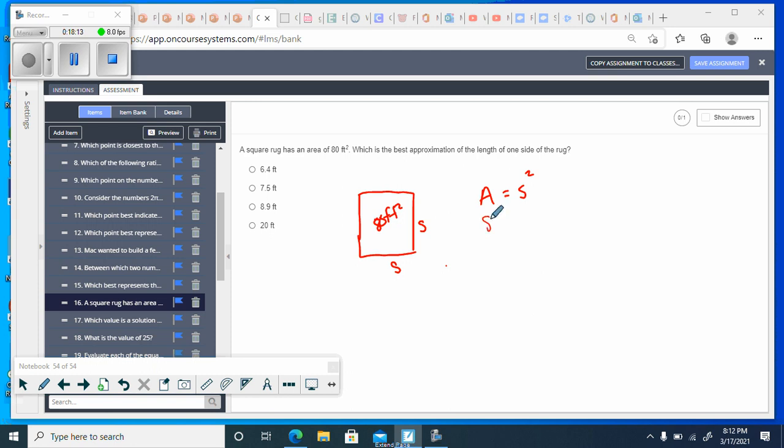If it's equal to 80, 80 is equal to side squared. So we need the square root of 80, okay? Let's think what it would be between. The square root of 80 would be between the square root of 81, which is 9, and the square root of 64, which is 8. So it's 8 point something. There's only one 8 point anything. It's right there.